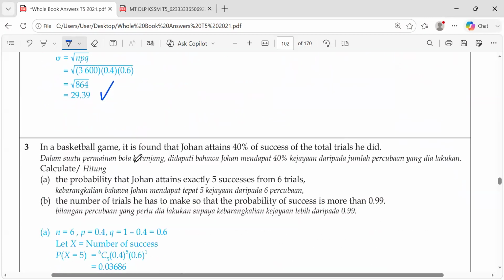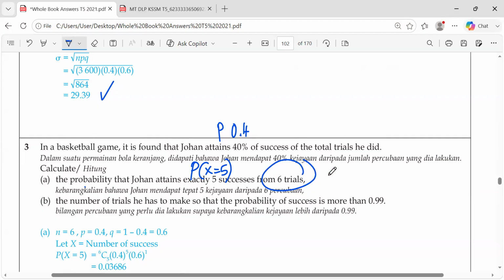Okay, next. Johan attains 0.4 success of the total tries he did. So the probability of Johan attaining exactly 5 from 6 tries.